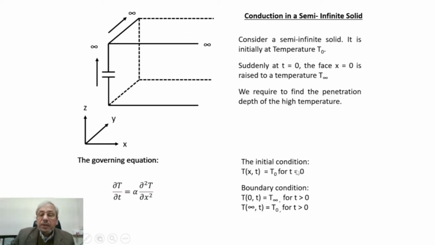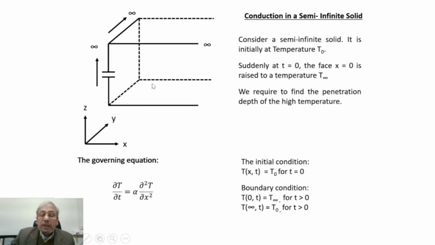That is T equal to T naught at time t equal to 0. T naught is the temperature everywhere. And at x equal to 0, we raise the temperature to T infinity.